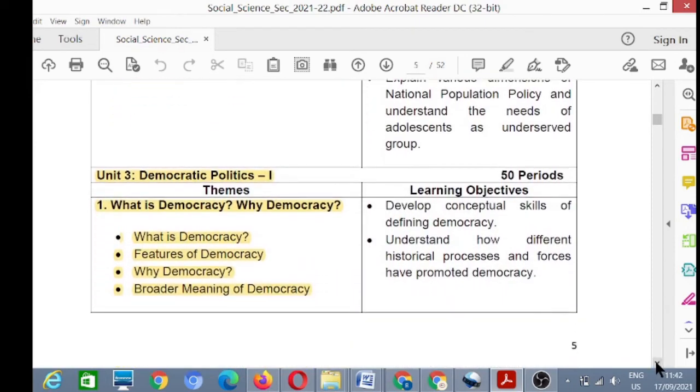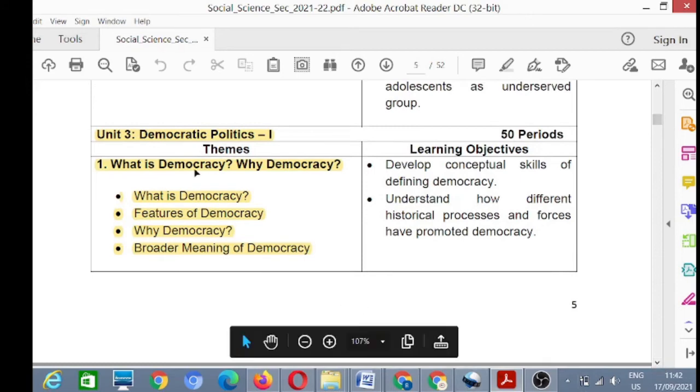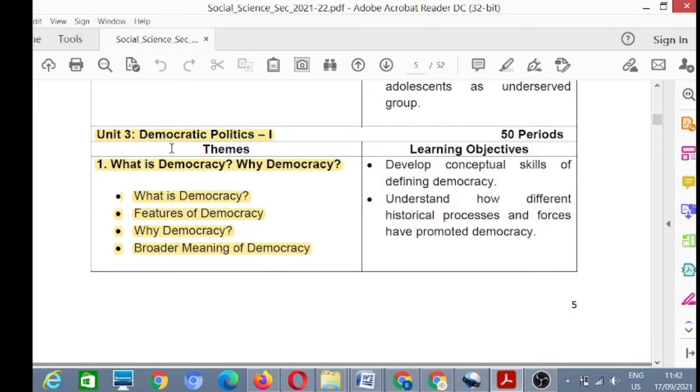Now the next unit is from the civics side. Its heading is democratic politics part 1. Democratic politics part 2 you will study in class 10th.